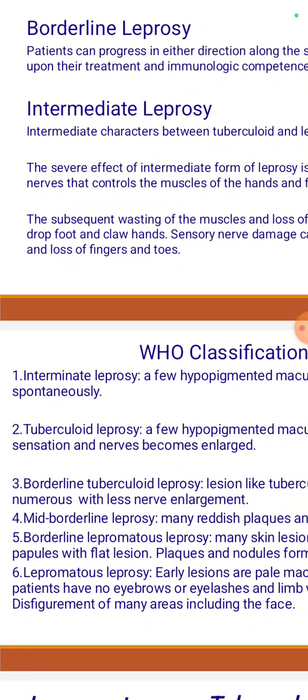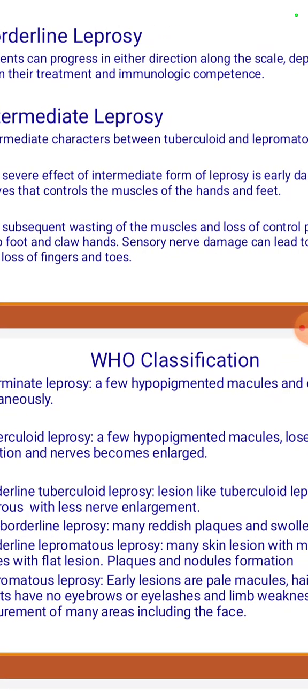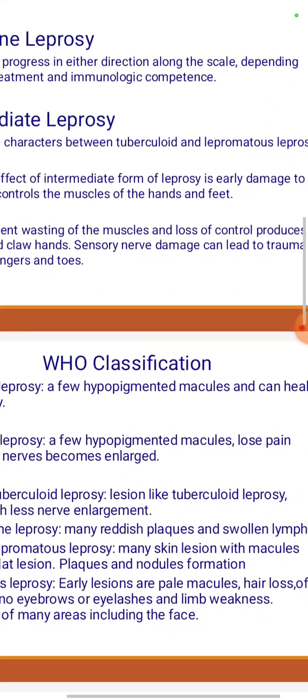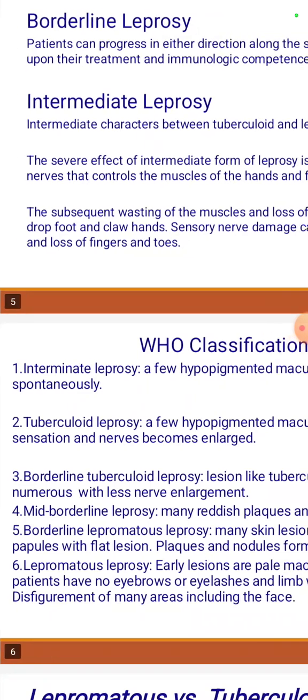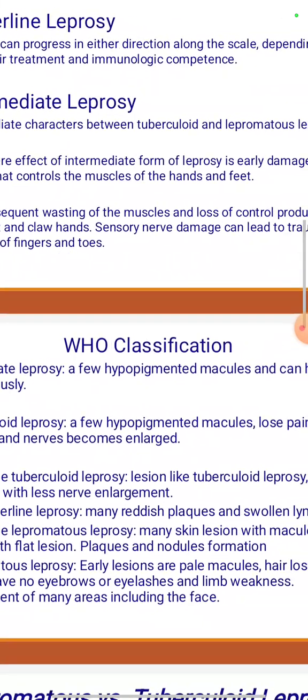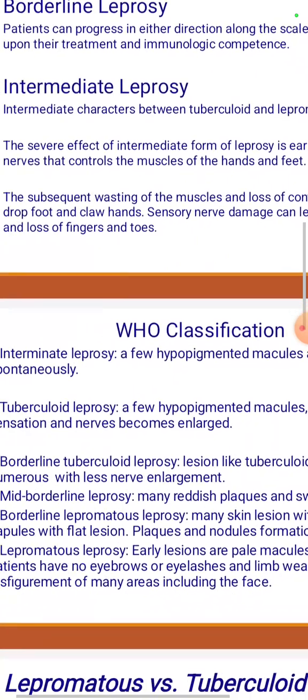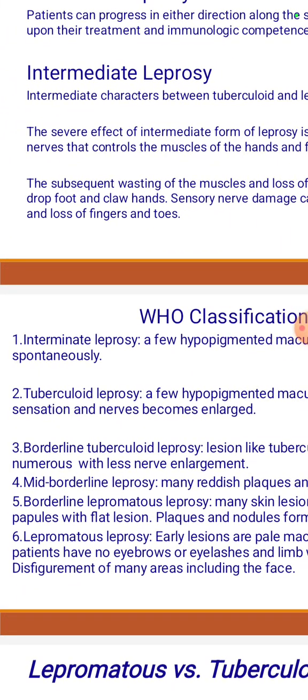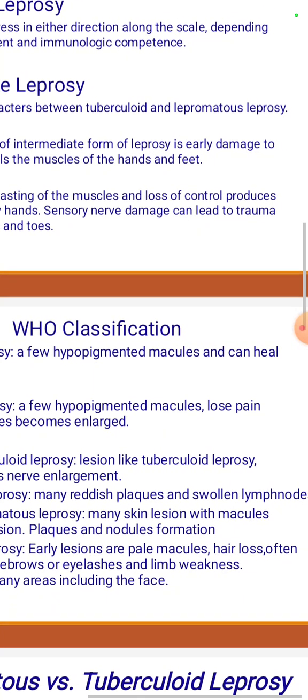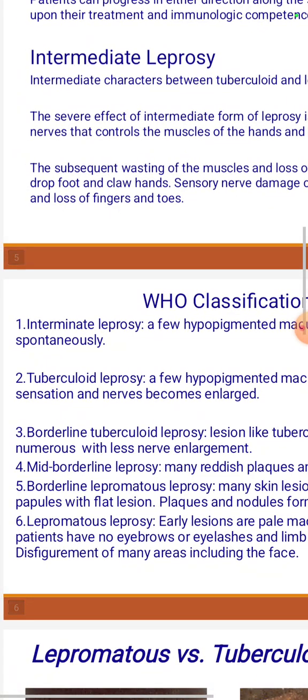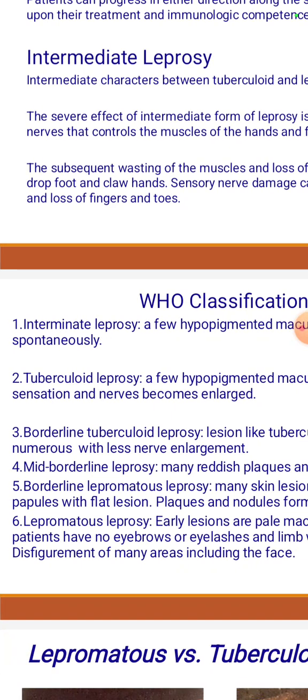Based on the WHO, World Health Organization, classification: intermediate leprosy has a few hypopigmented macules and heals spontaneously. In tuberculoid leprosy, a few hypopigmented macules lose pain sensation and nerves become enlarged. In borderline tuberculoid leprosy, lesions are like tuberculoid leprosy, numerous with less nerve enlargement.